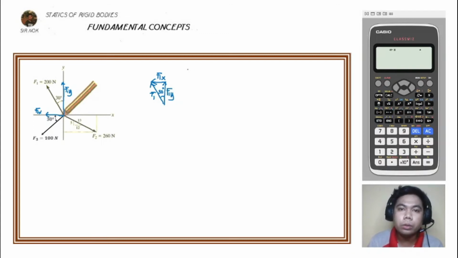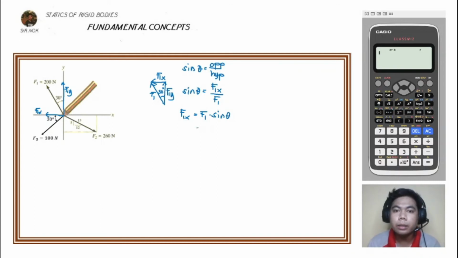So we're going to use sine theta is equal to opposite over hypotenuse. So the opposite side is F1x over hypotenuse F1. So cross multiply, so F1x is equal to F1 times sine theta. So F1 is 200 newtons times sine 30 degrees.